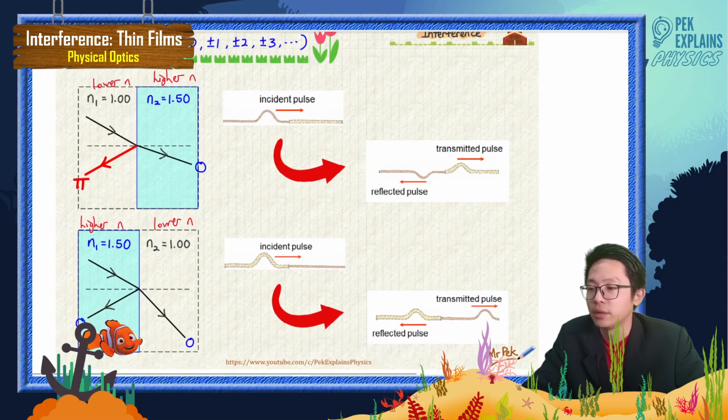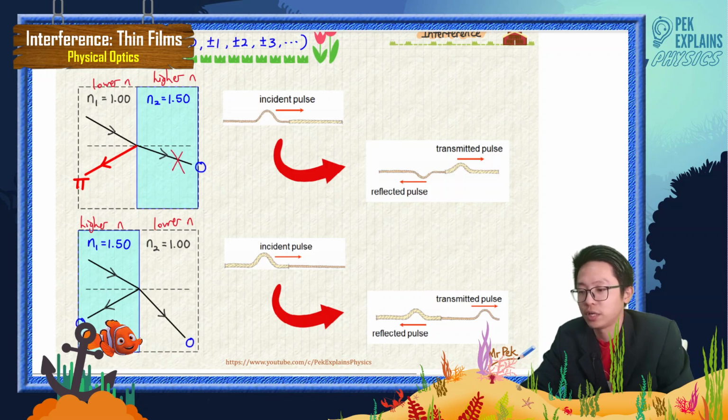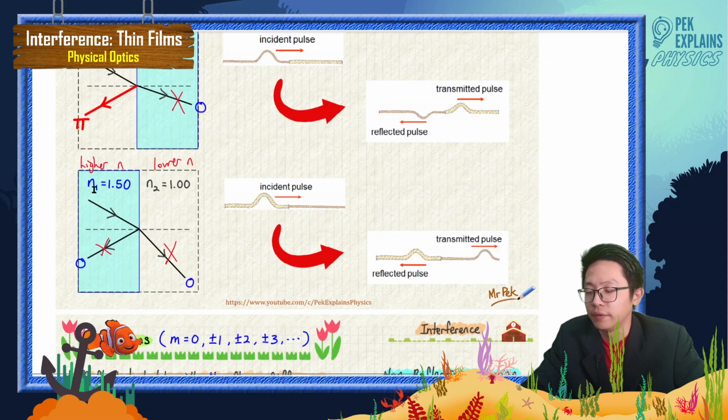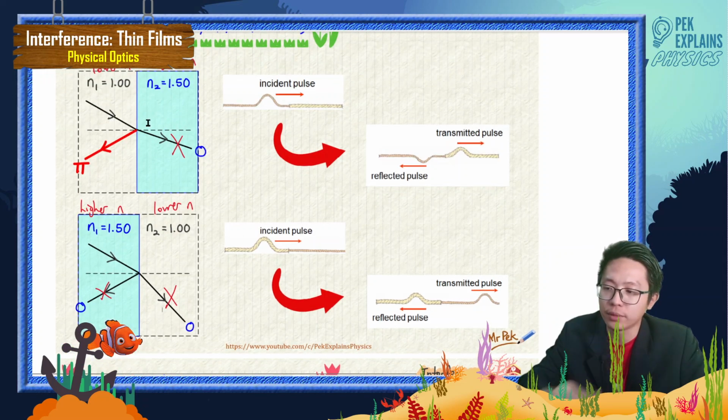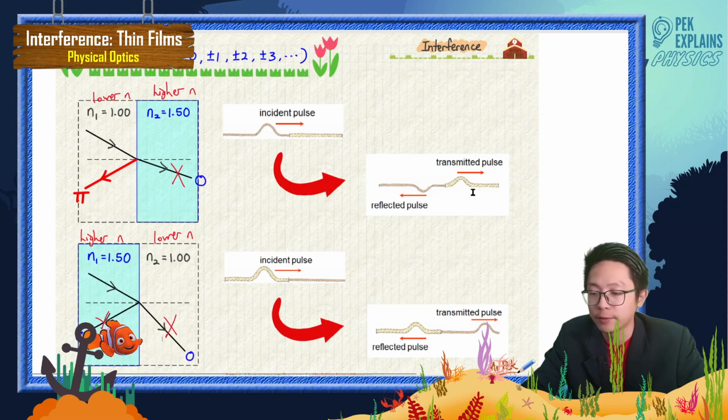The rest, no phase change at all. No phase change here, and here. The transmitted light, no phase change. If the light goes from higher refractive index to lower refractive index, reflection, no phase change. This one also no phase change. The first one is just like this one.